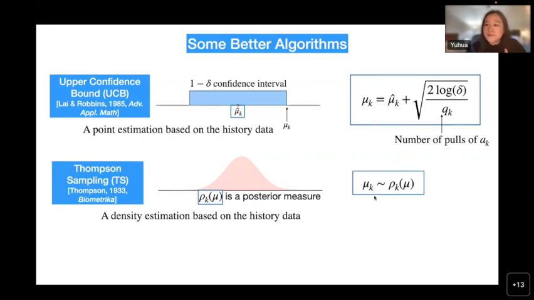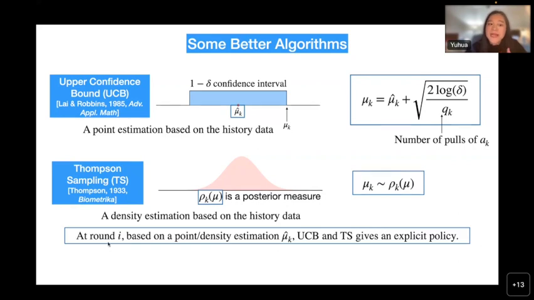This is also a good balance between exploration and exploitation. So to summarize, at each round, both methods give an explicit policy based on either a point estimate or a density estimate of the expectation. The question is, is it optimal?